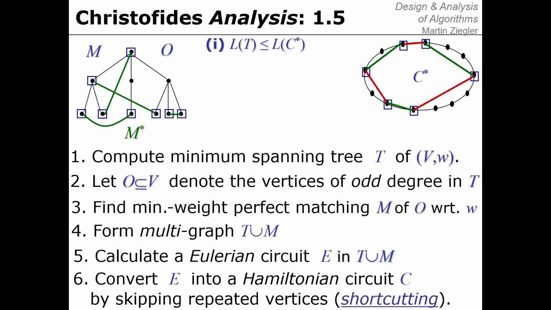Christofides considers also the segments in the optimal tour, every other segment here drawn in red. And here the same argument applies. The red edges will constitute a perfect matching among the odd vertices.